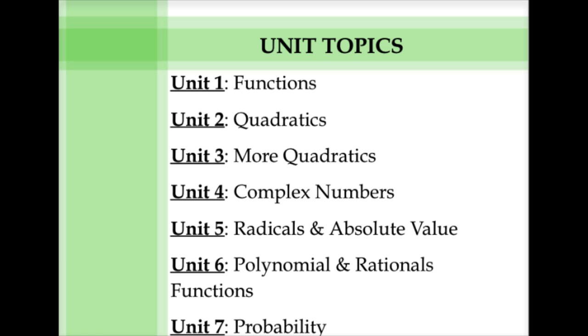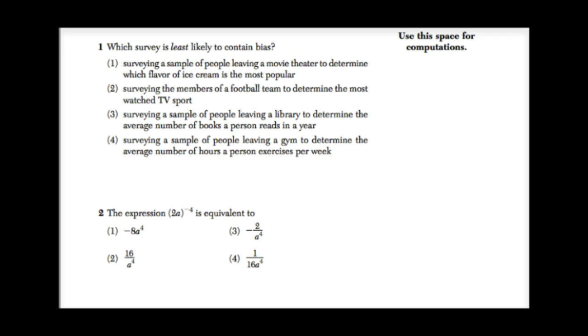Alrighty, let's start with number 1. Which survey is least likely to contain bias? What does bias mean? Bias is when individuals or groups from a population are not represented in a sample.